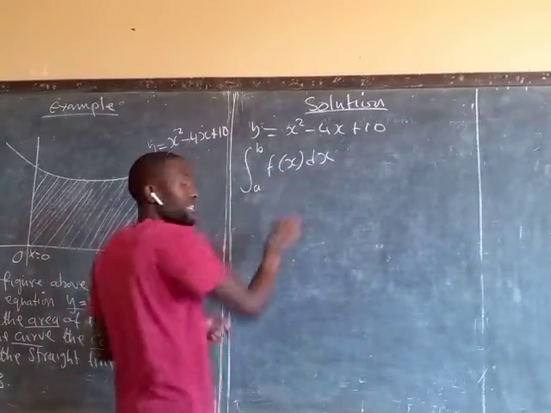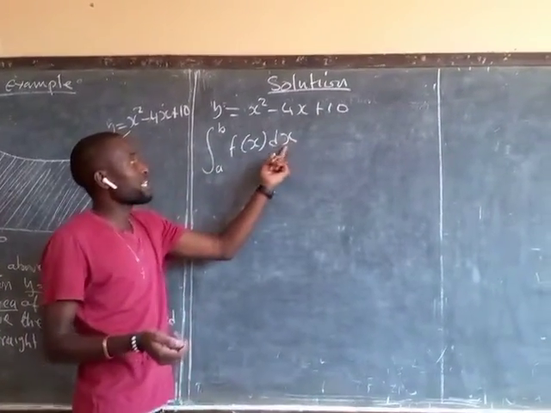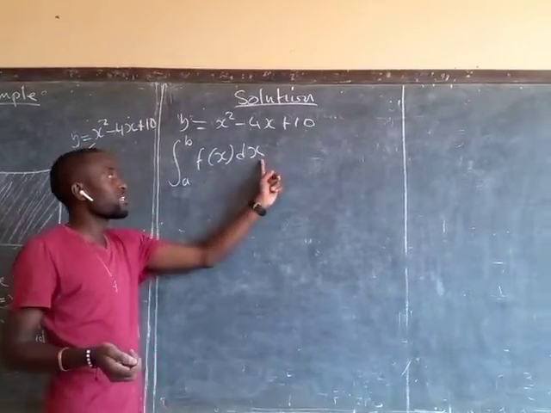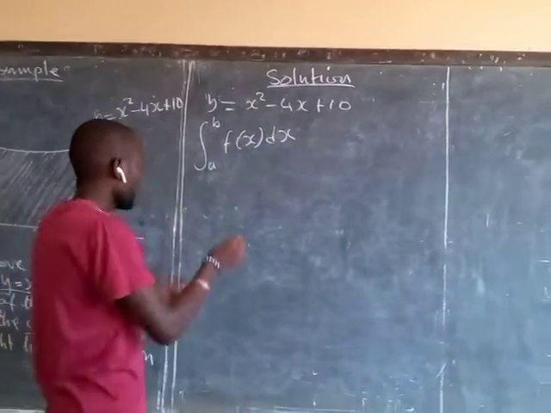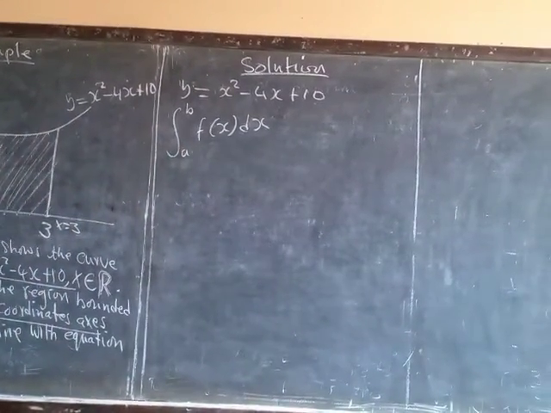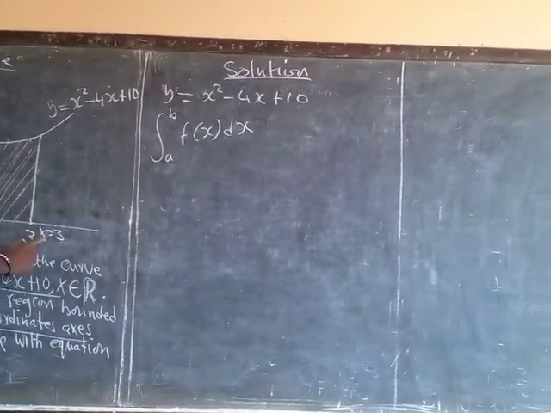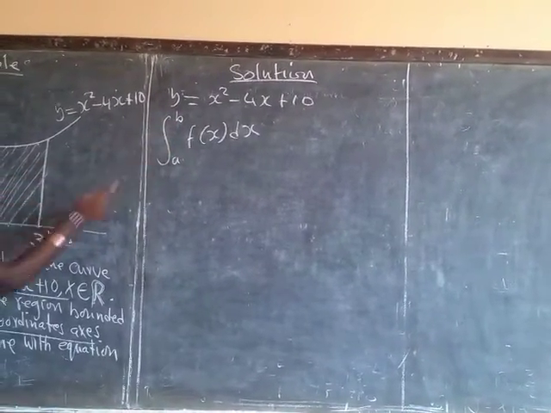Here the d is simply a constant, and when you have a constant like that, you have dx, and you just add x to the constant. This is the function which is here, place it and solve for the answer. In this case x is 0 and x is also 3. So the upper limit is 3, the lower limit is 0.